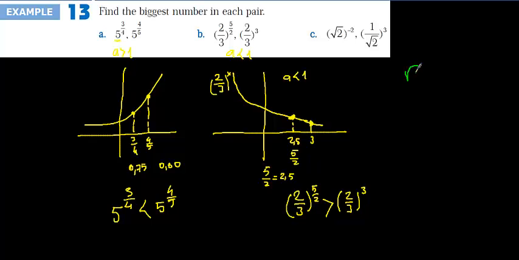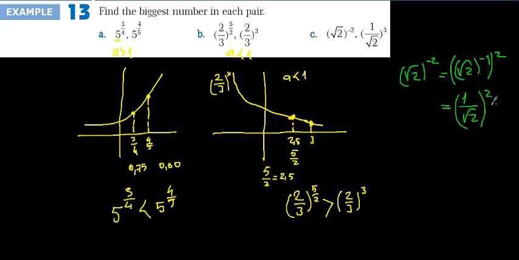So firstly I need to arrange this one. 2 to the power of minus 2 can be written as root 2 to the power of minus 1, to the power of 2. This minus 1 makes our term 1 over root 2 to the power of 2. So we are going to compare whether 1 over root 2 to the power of 2 is greater or smaller than 1 over root 2 to the power of 3.